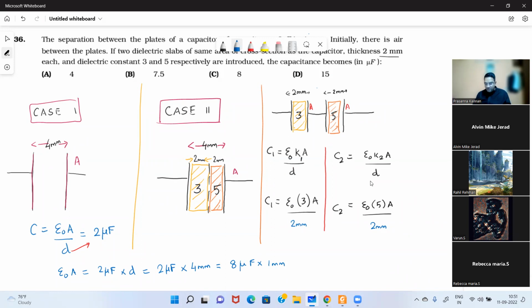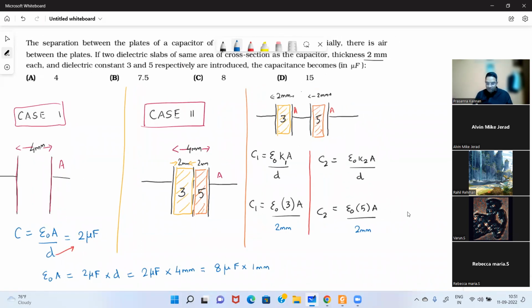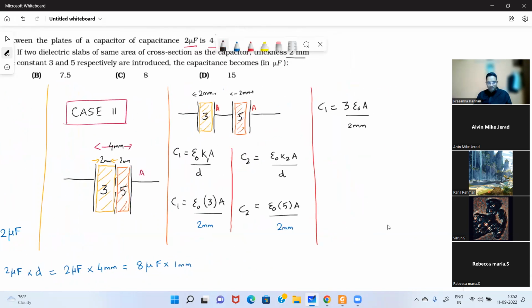So now I'm going to substitute that for epsilon naught into A. Can you tell me what is C1 now? 3 into epsilon naught A divided by 2 millimeters. And C2 is 5 into epsilon naught A divided by 2 millimeters.